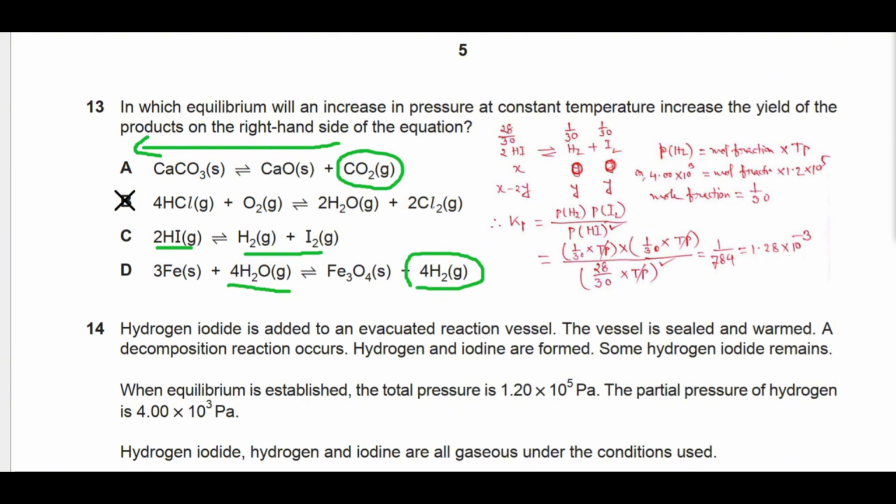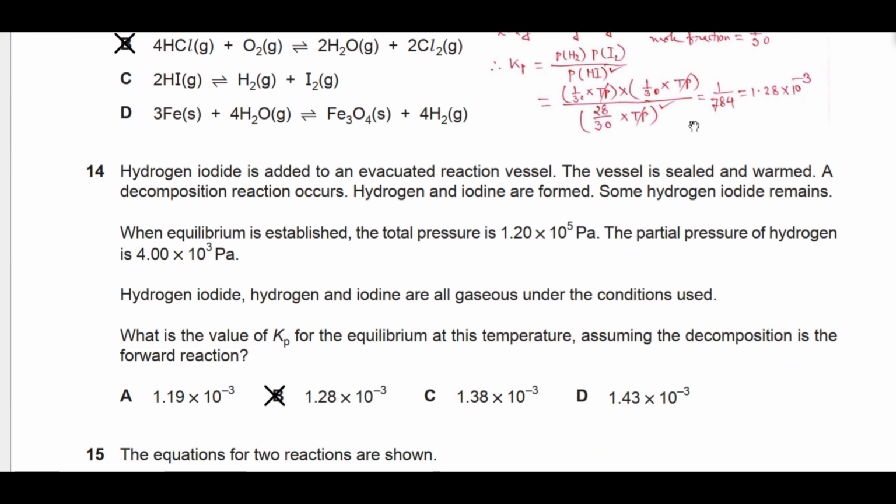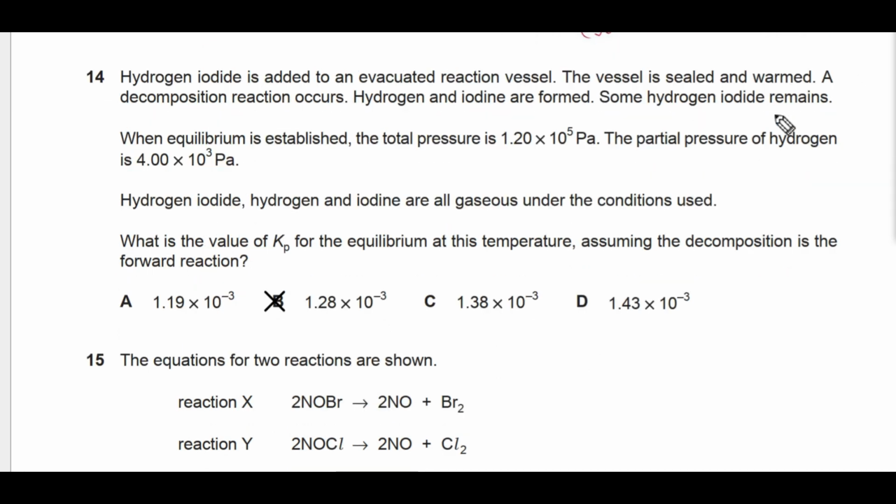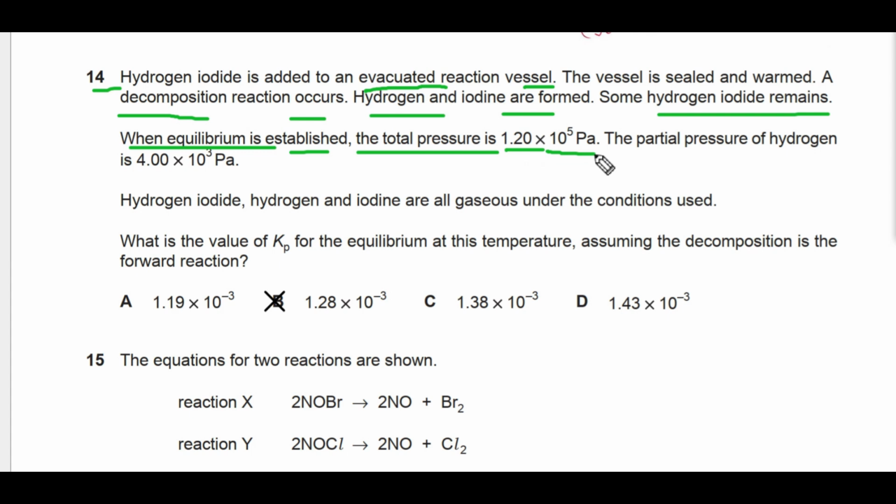Now 14. Hydrogen iodide is added to an evacuated reaction vessel. The vessel is sealed and warmed. A decomposition reaction occurs. Hydrogen and iodine are formed. Some hydrogen iodide remains. When equilibrium is established, the total pressure is 1.2 times 10 to the power 5 Pascal.